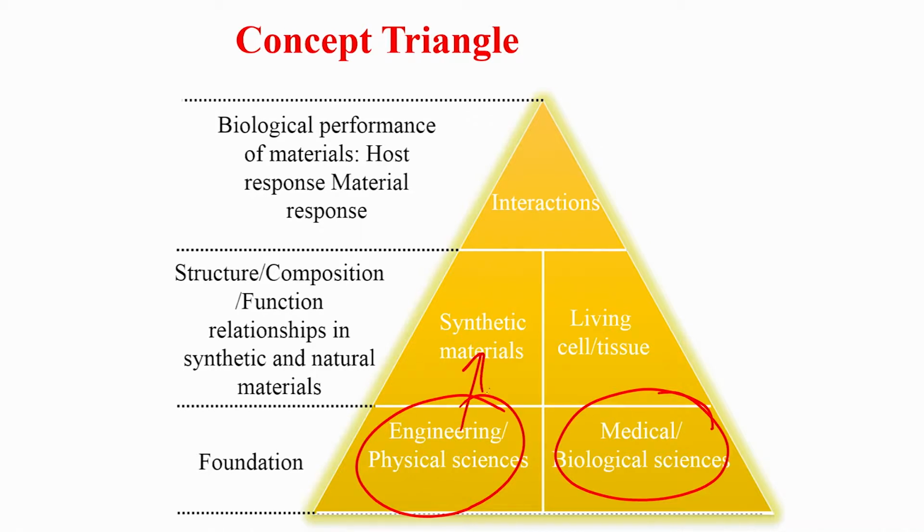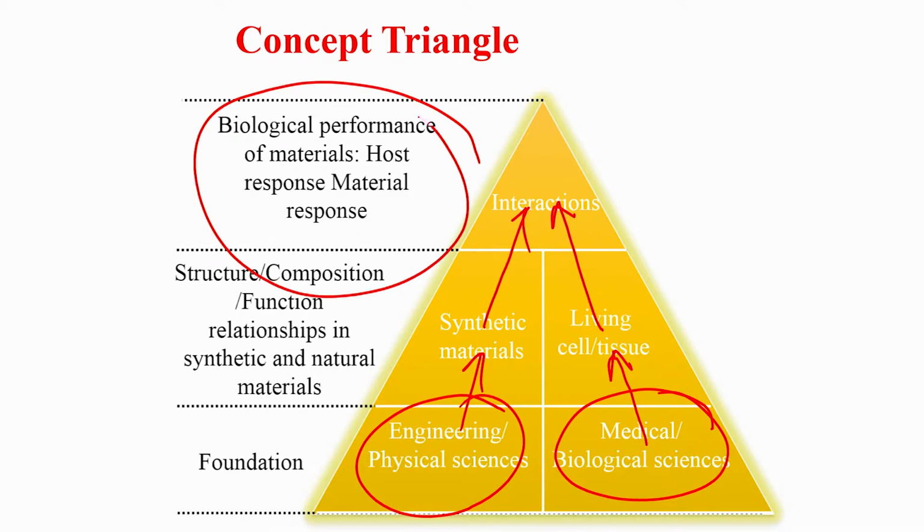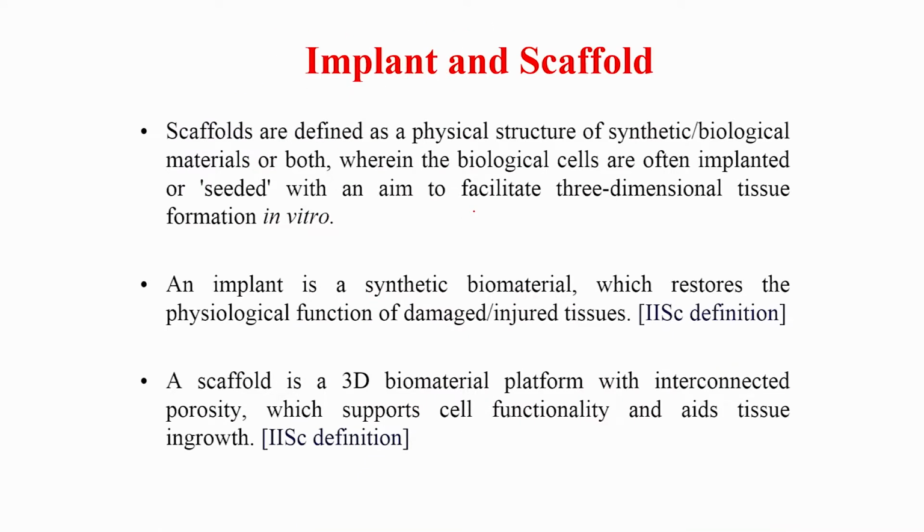Engineering and physical sciences will be used to develop synthetic materials, and medical or biological sciences will give you the understanding of the living cells and tissues. How synthetic materials and living cells and tissues interact will define the biological performance of materials, the host response and materials response.